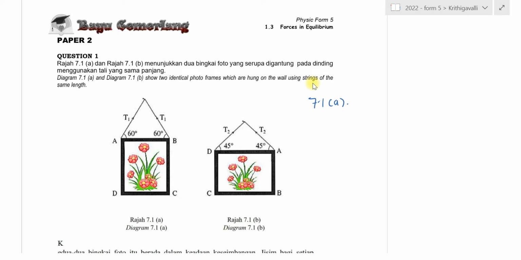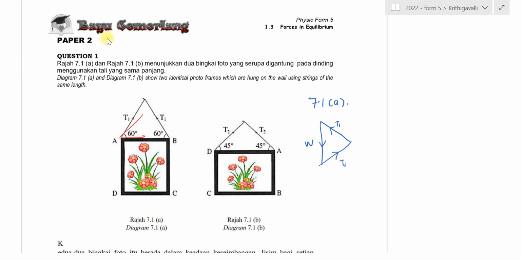All right. So we have a 60 degree angle here, and then this is T1, and this is the weight. So this is T1, this is T1, and this is the weight. Okay, so we draw the angles.